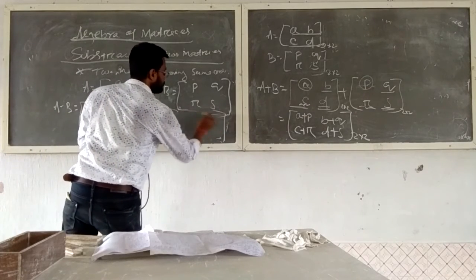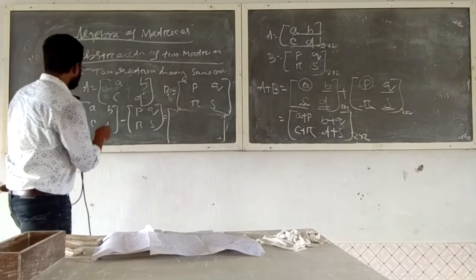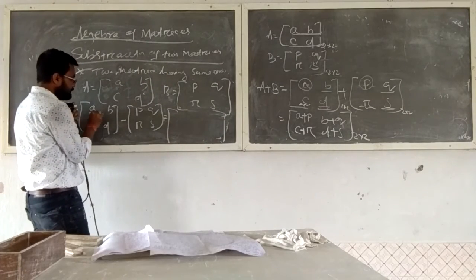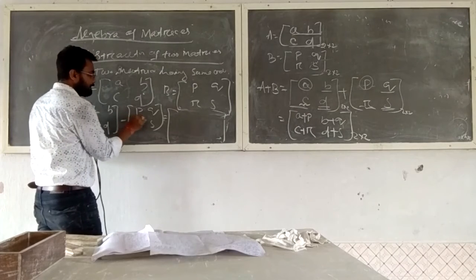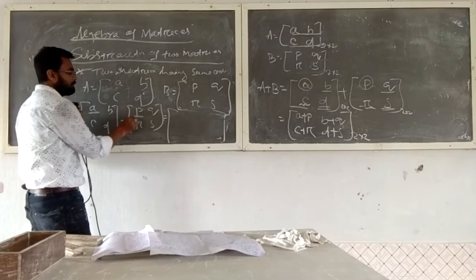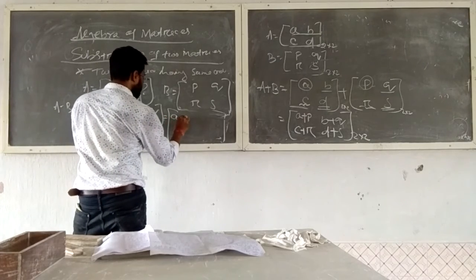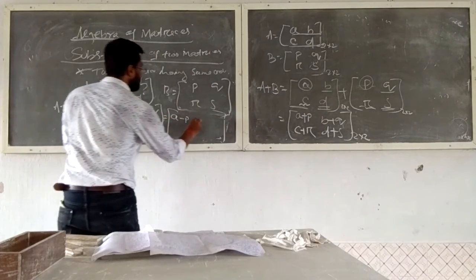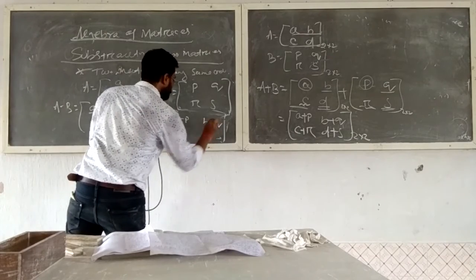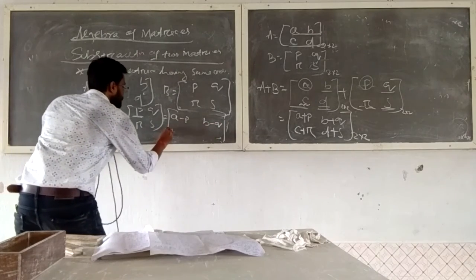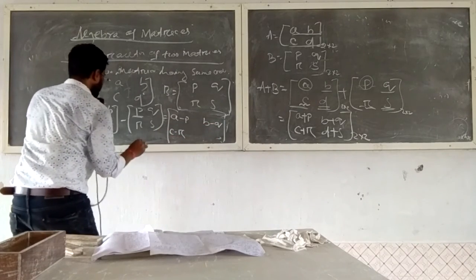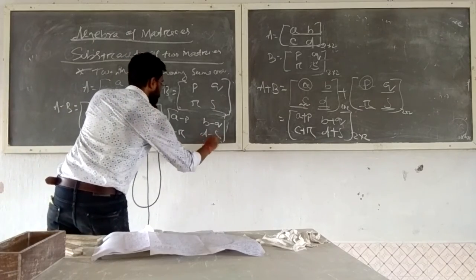That means the first element of the first row is subtracted with the first element of the second matrix, that is A minus P. Similarly, B minus Q, C minus R, and D minus S.